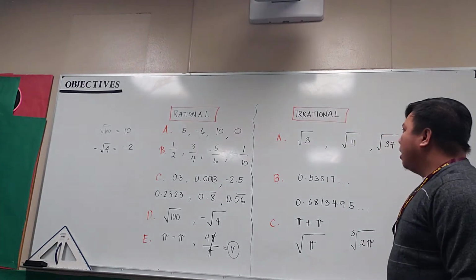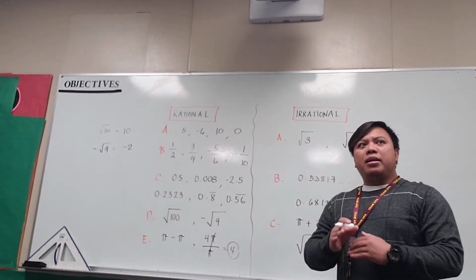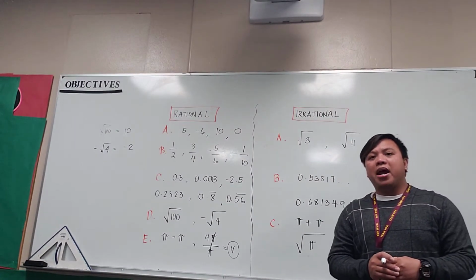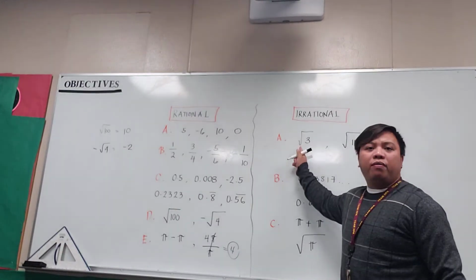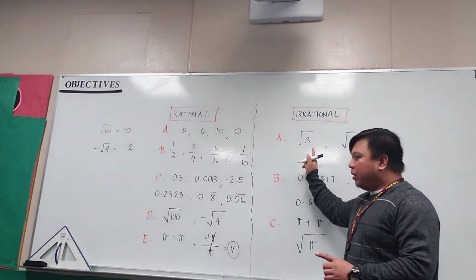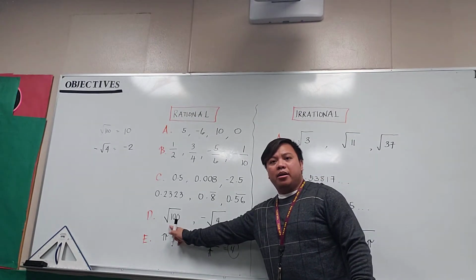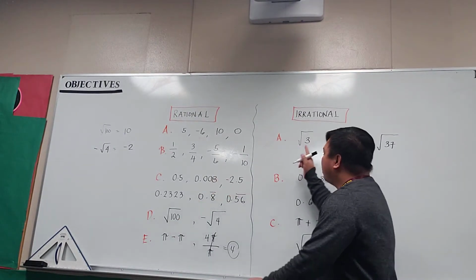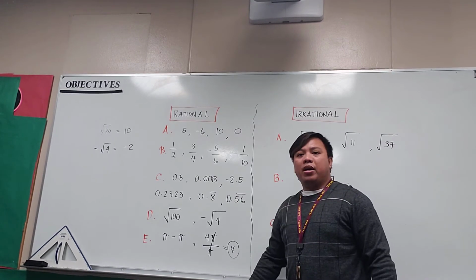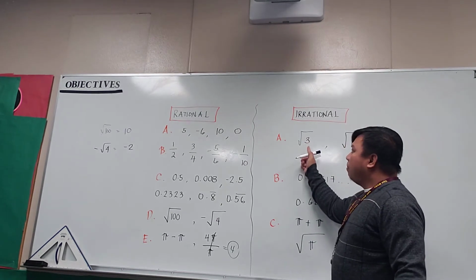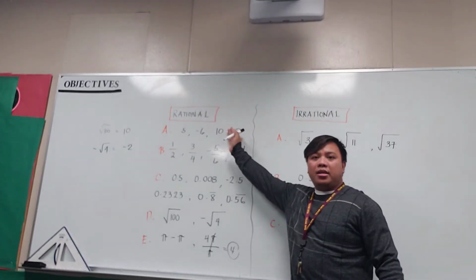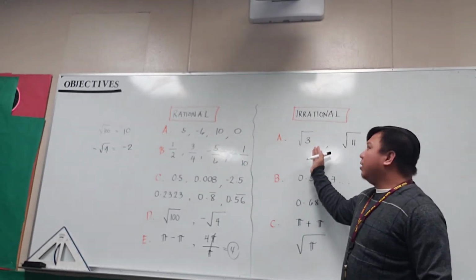What are the numbers that are going to be considered irrational? Let's start with option A. We got square root of 3. You will notice that I have square root here as well. So see the difference between a number having a square root that becomes rational, and the other that becomes irrational.